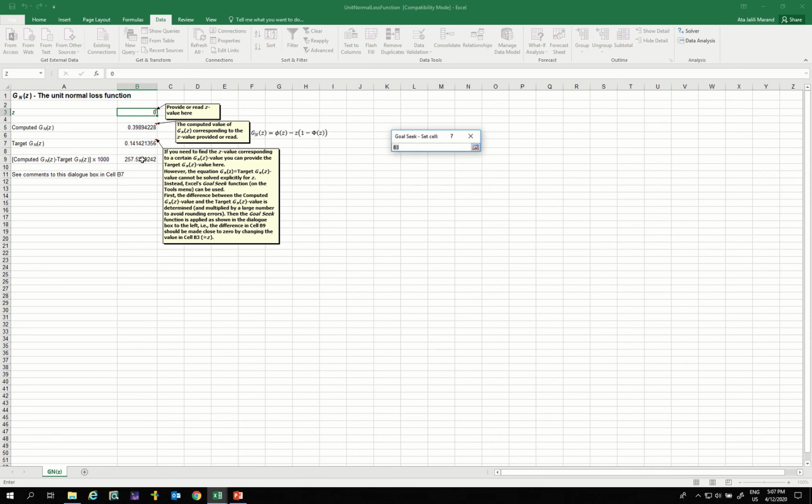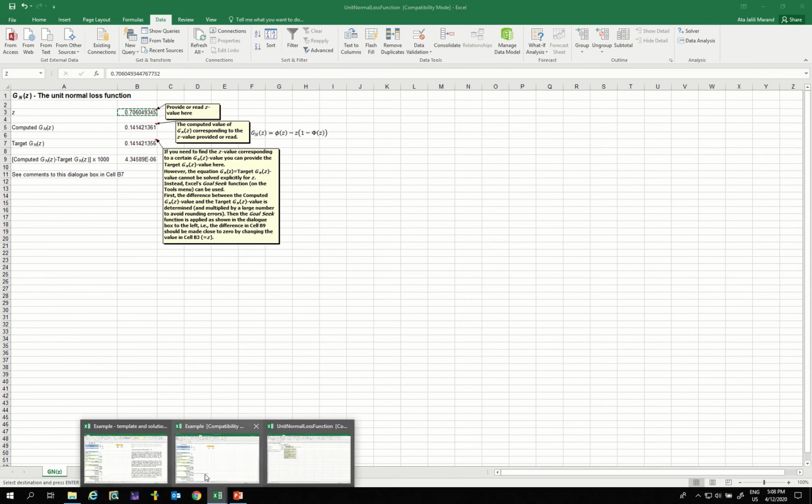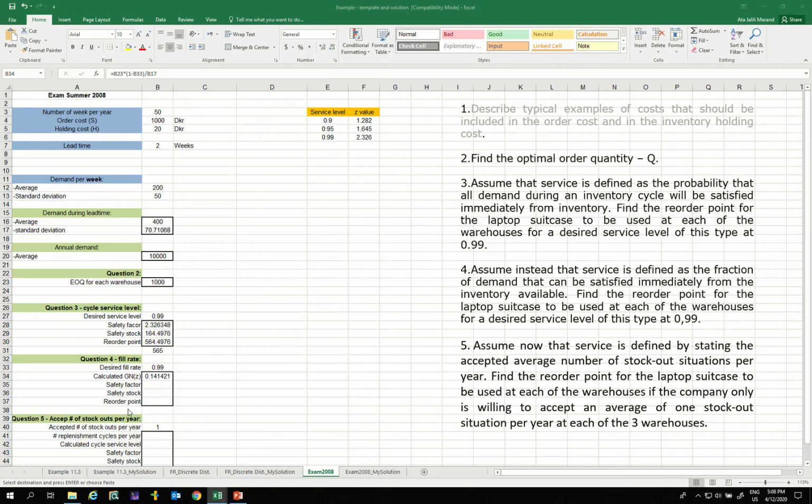What I want to do is to set this cell equal to 0 by changing these. And if I press OK, it will give me the corresponding z. Okay, so I have the safety factor.